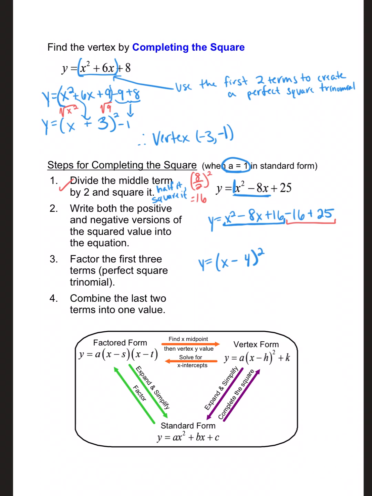Okay, and then negative 16 plus 25 is going to be a positive 9. So now we've gotten it into vertex form, and we can say, therefore, the vertex is 4, 9.